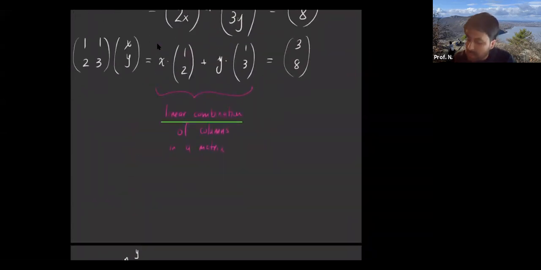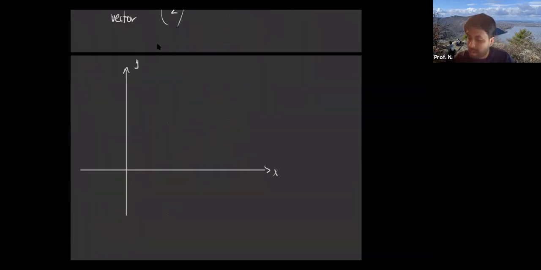Now I'm going to talk about column vectors. (1, 2) you can think of as the point 1 comma 2. Where's 1 comma 2 here?